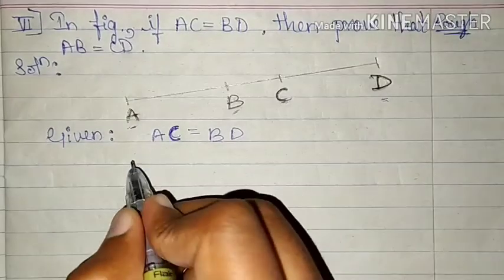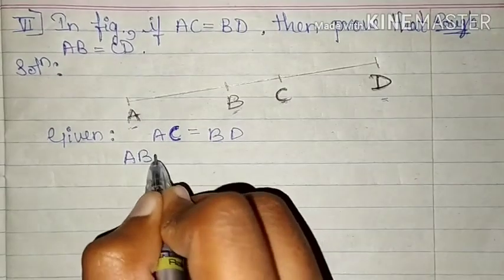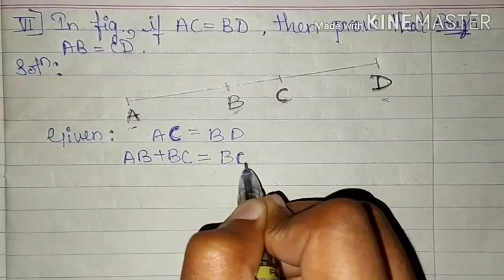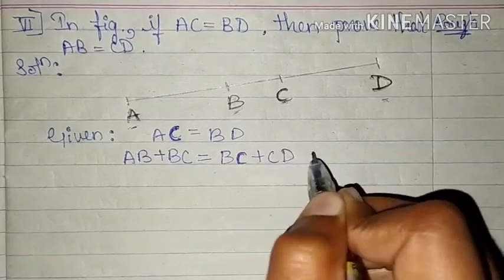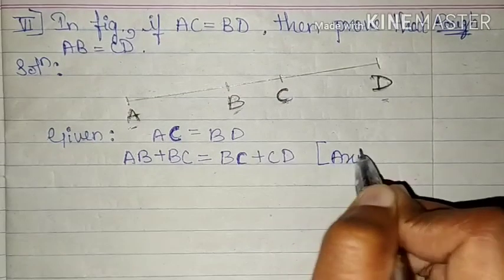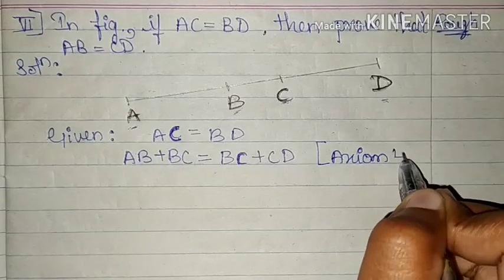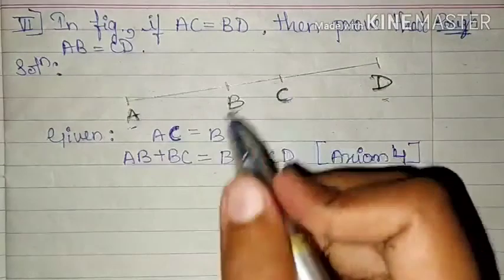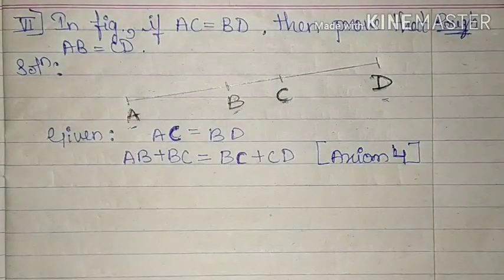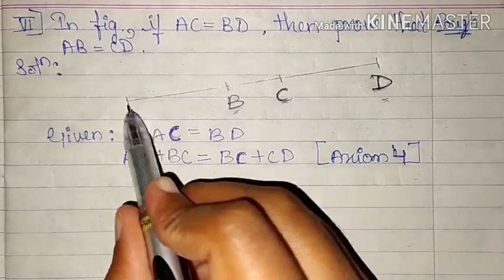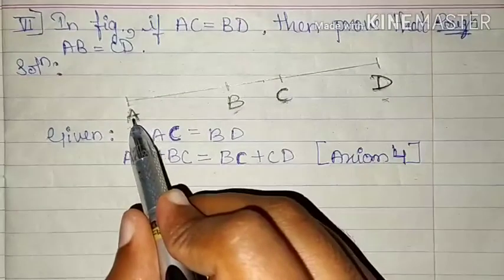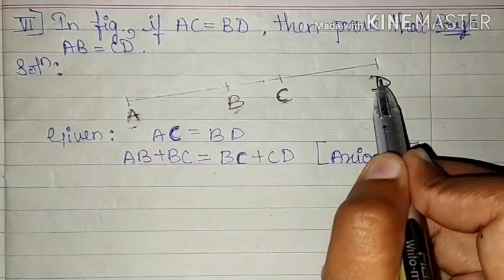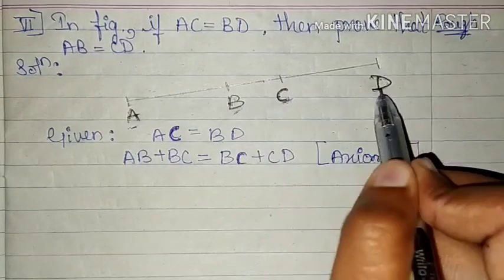Since AC is equal to BD, I can write them as AB plus BC is equal to BC plus CD. This is from axiom 4, which says if two things coincide with one another, then they are equal. Here line segment AC coincides with AB plus BC. Similarly, BD coincides with BC plus CD.